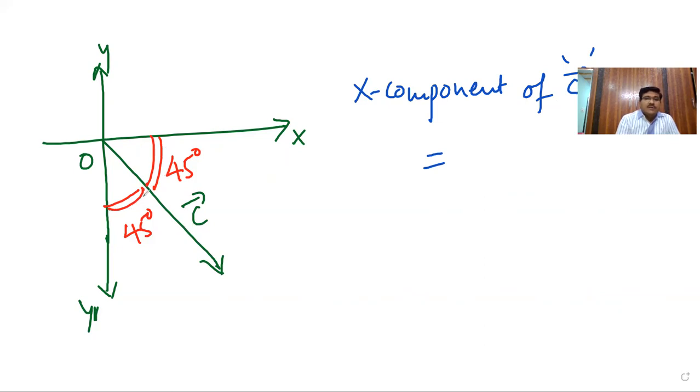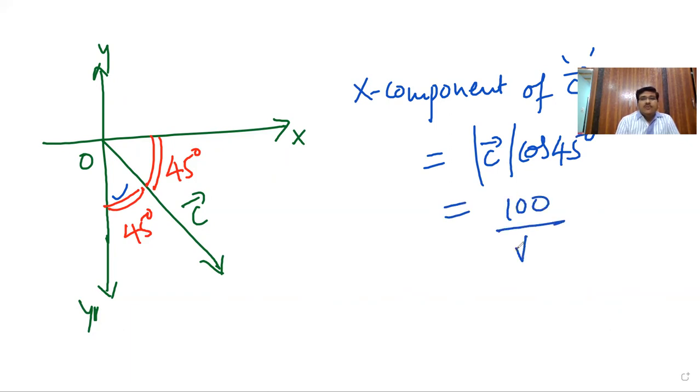If I take up this theta, with respect to vertical, automatically the x component becomes c cos 45. Even if I take this one also, the x component is c cos 45. So the x component is the modulus of c bar cos 45. The c bar modulus is 100 units, cos 45 root.